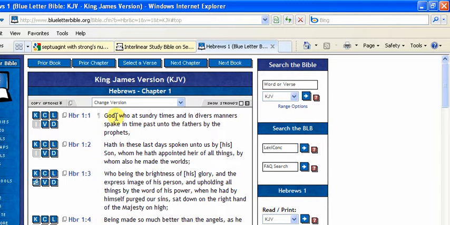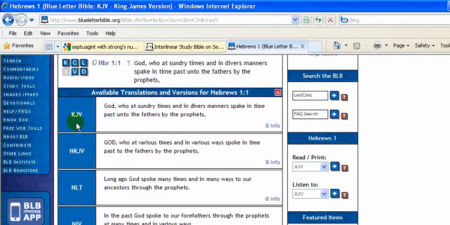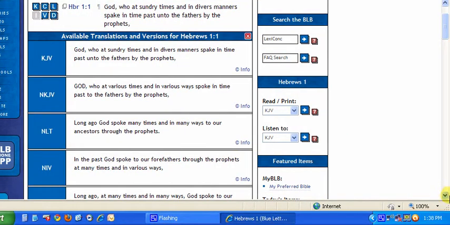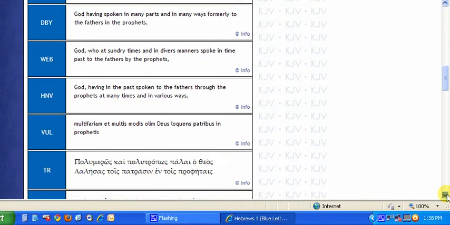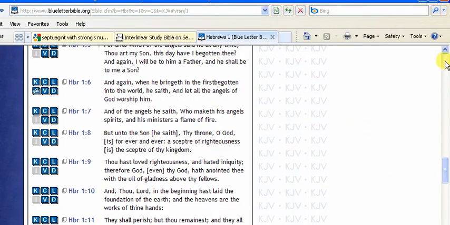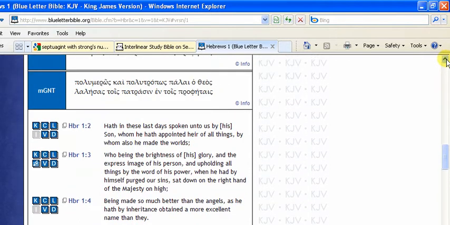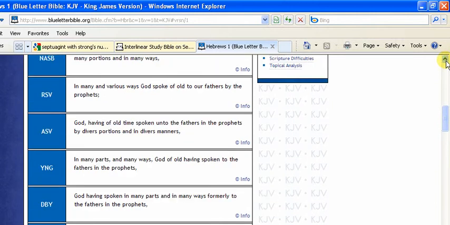And also, let's take a look here at versions, translations of that. And we can see those different renderings. But what I'm looking for is where I can click on the word fathers, and it'll show me a breakdown of the different passages that hold the word fathers.